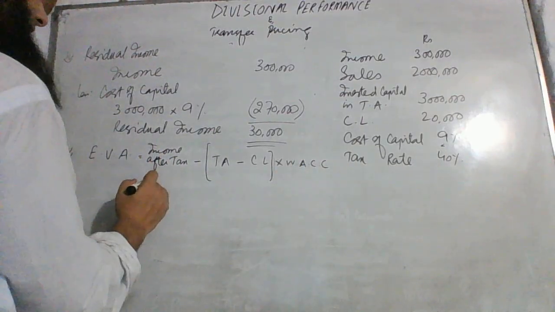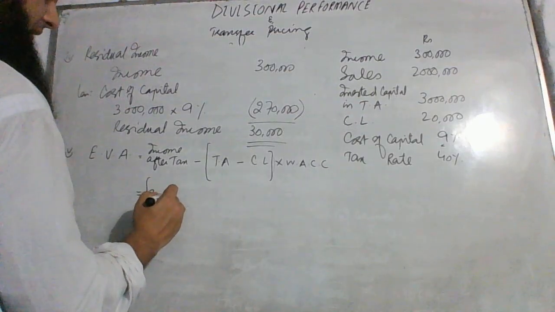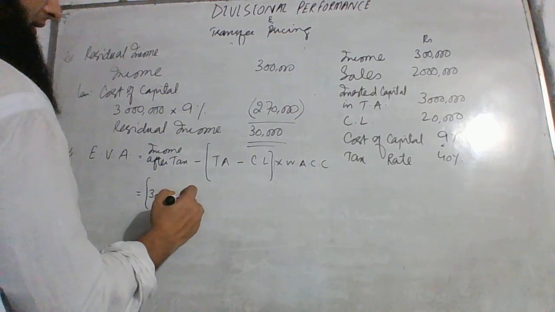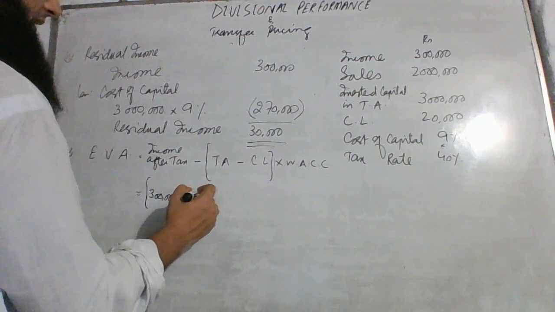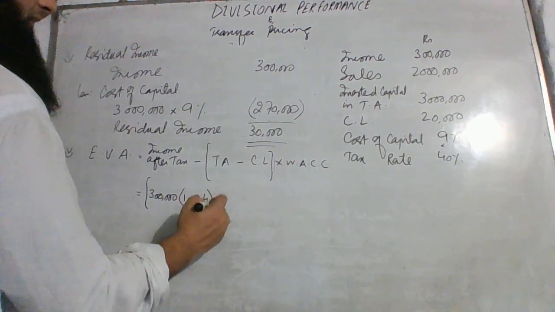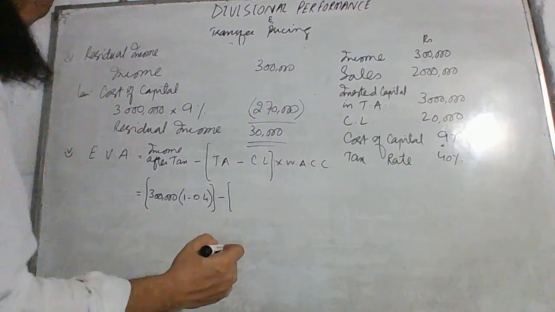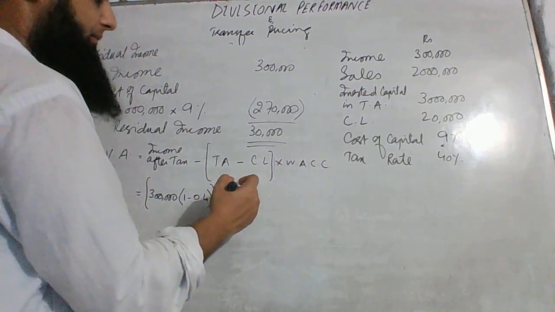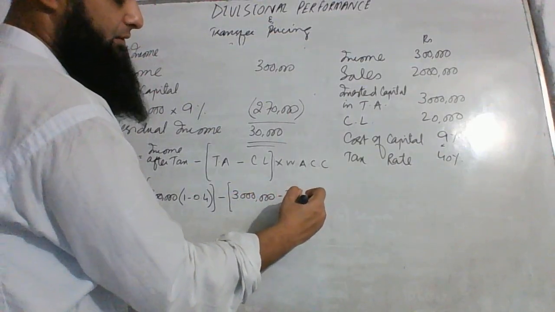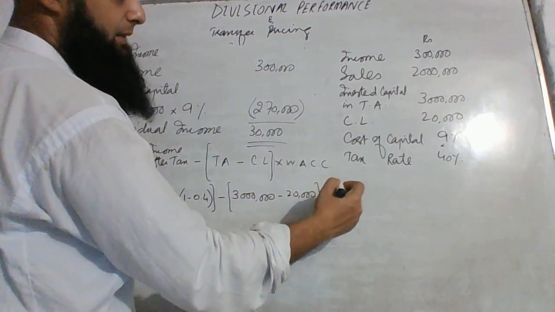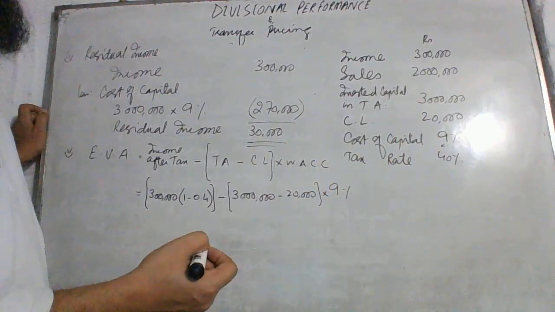Well, income after tax, we have 300,000 before tax income into 1 minus tax rate, which is 40%. We have income after tax minus we have total assets amounted to rupees 3 million, while the current liability is 20,000, multiplied by weighted average cost of capital is 9%.